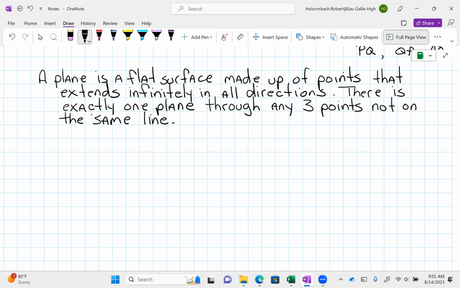Now, when you're drawing a plane, we start here with this quadrilateral looking shape, 4 sides. There's 2 ways to name a plane. Capital script letter.